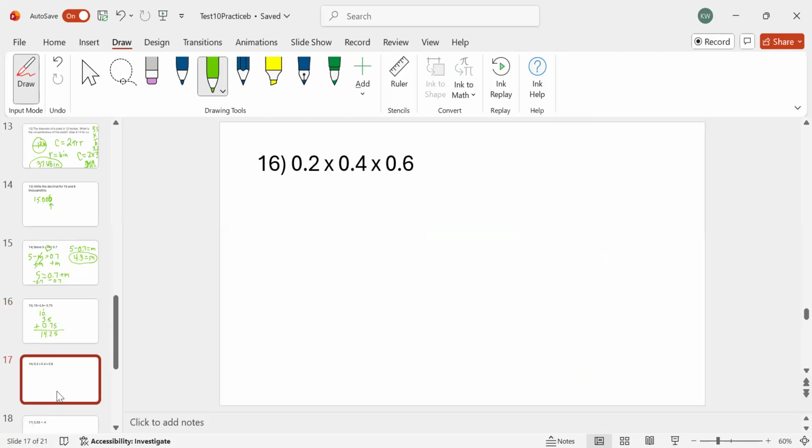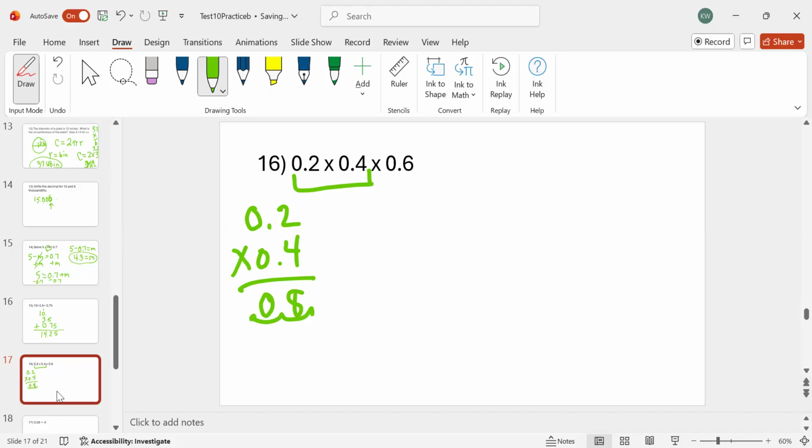And then for this one, we are multiplying. So you can do this in two different steps. I am going to do it like this. 0.2 times 0.4. So 2 times 4 is 8. And we have two decimal places here. So 1, 2.